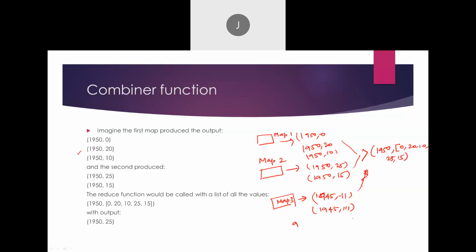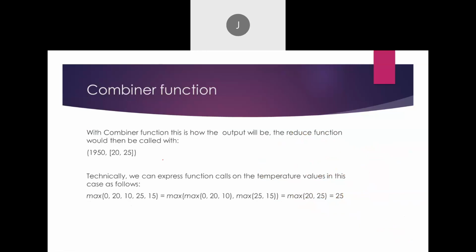And for 1949, because this is a separate key, you will have minus 11 and 111 as the output. This is how it works. Then you will find the maximum in these values. For 1950 the maximum temperature is 25, and for 1949 the maximum temperature is 111. That is what you are going to get. This is the list. Now what the combiner function will do, just a moment.